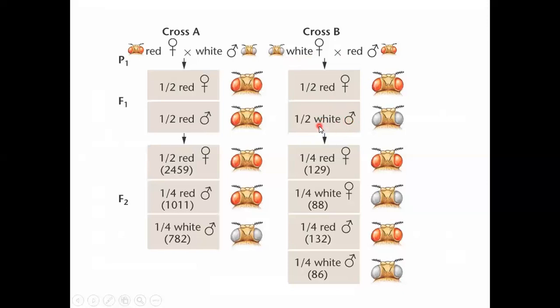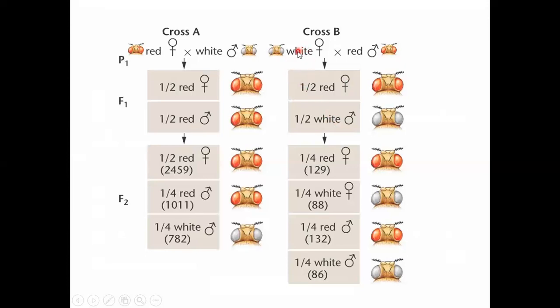So again, you can see here that in the parents, the father carries red eye color. But in the F1 offspring, sons carry white eye color. It means the white eye color allele in the son was basically passed by their mothers.